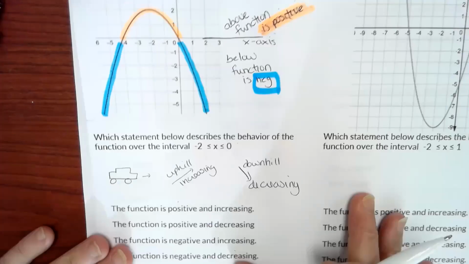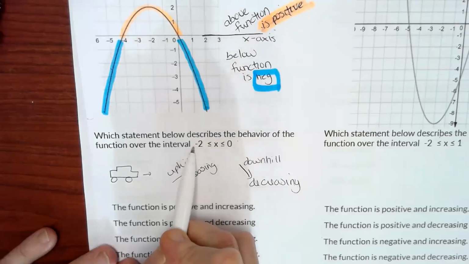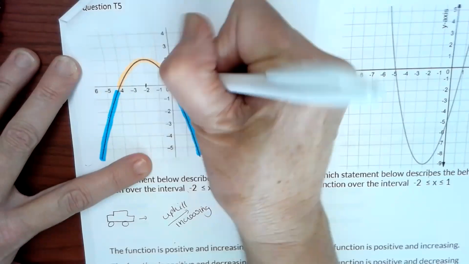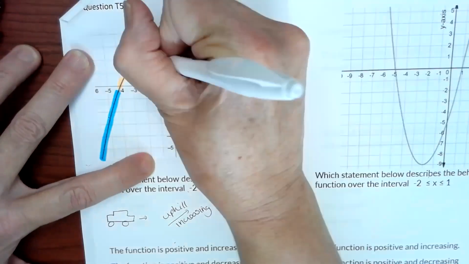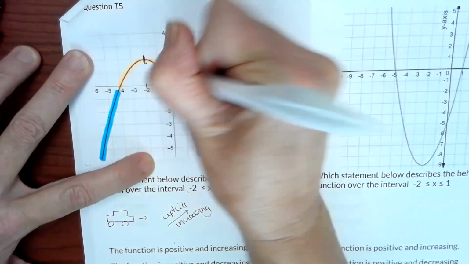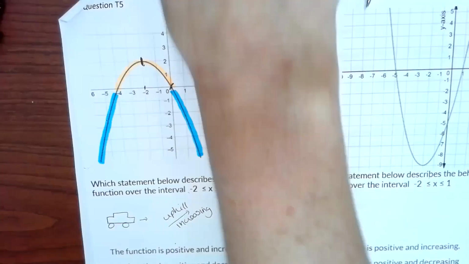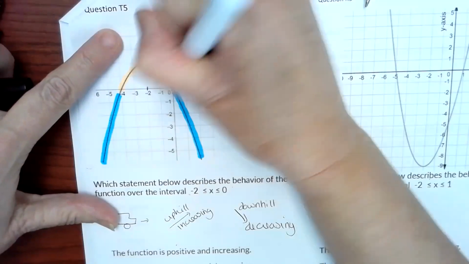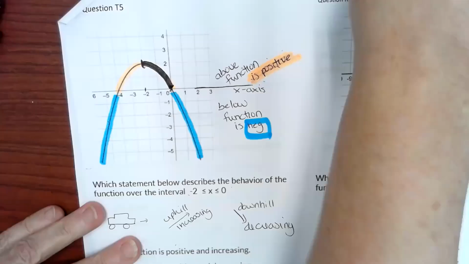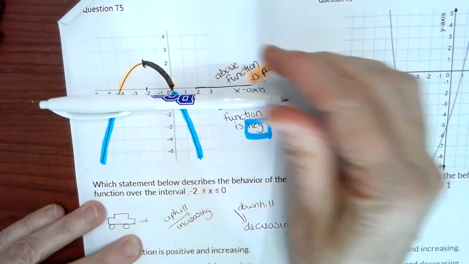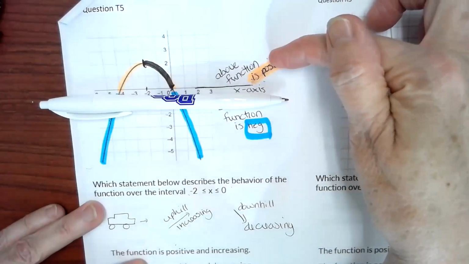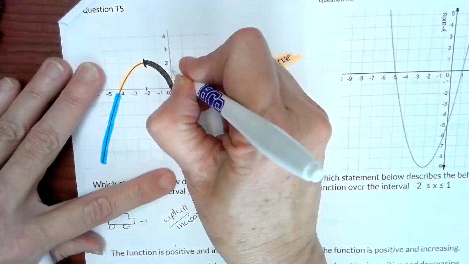So let's take a look at the interval they're giving us. They're giving us the interval from -2 to 0. So here's -2 to 0. So here is the interval that they want us to take a peek at. Right there. So now, when I take a peek at this, it is above the x-axis, so the function is positive.